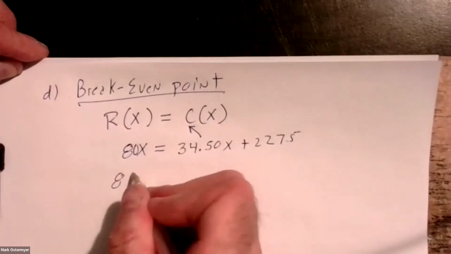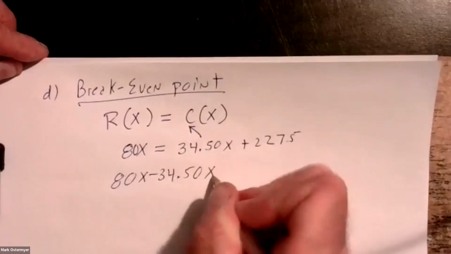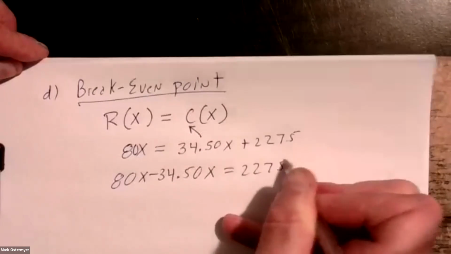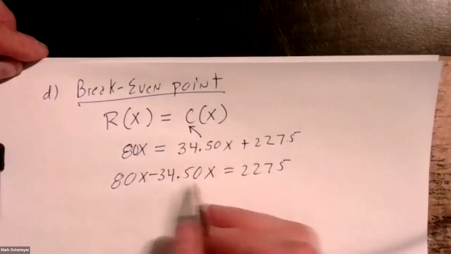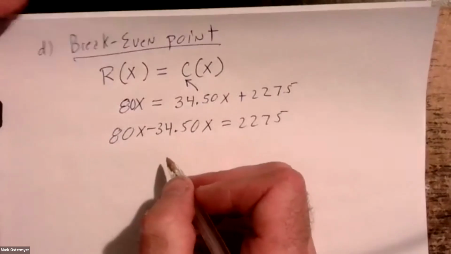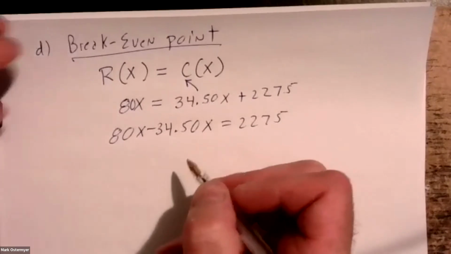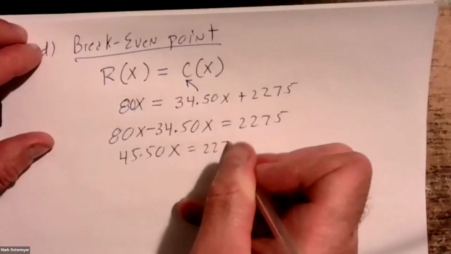So what's 80X minus 34.50X? And what does that give me here? 45.50. So 45.50X is equal to 2275.